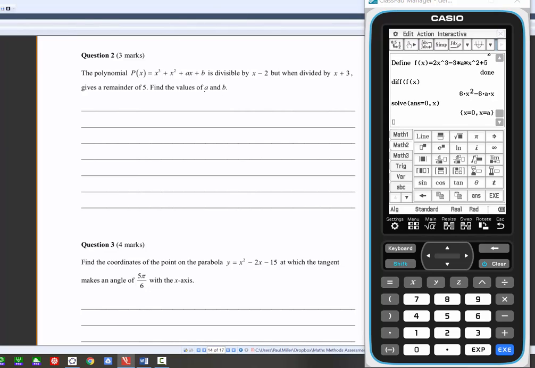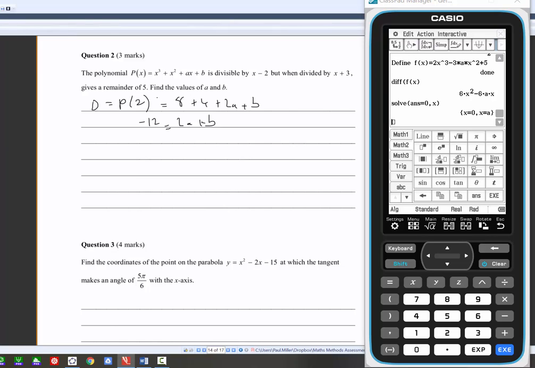Okay, is divisible by that. So that means that 0 equals p of 2 equals 8 plus 4 plus 2a plus b. 2a plus b equals -12.